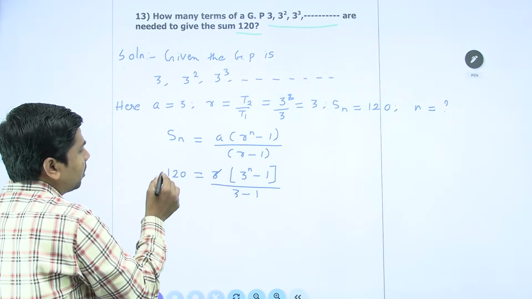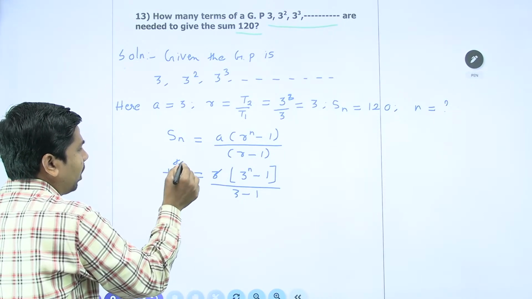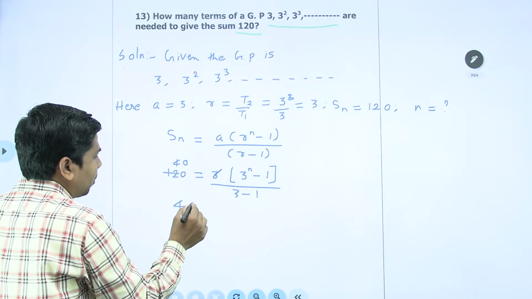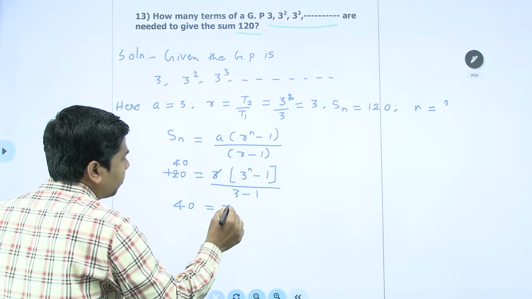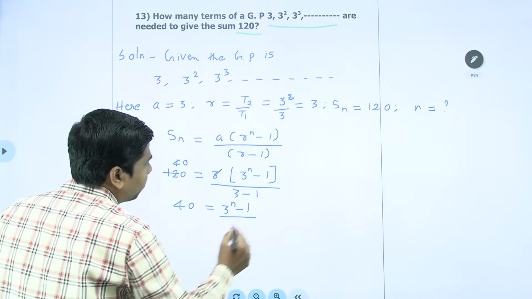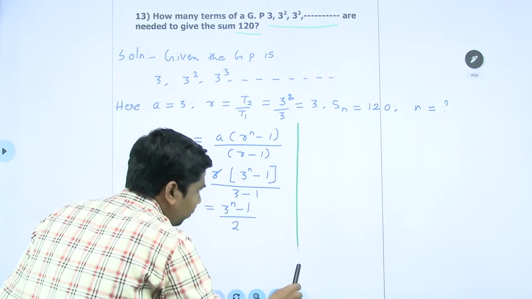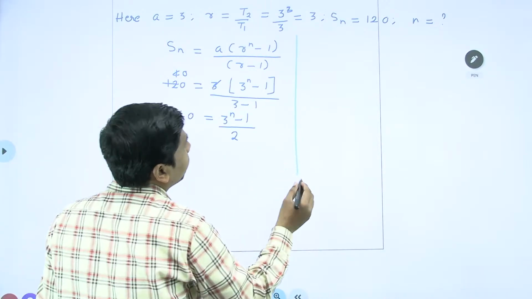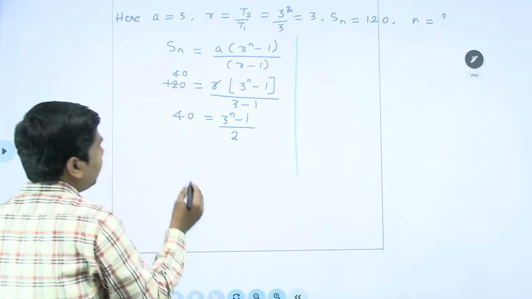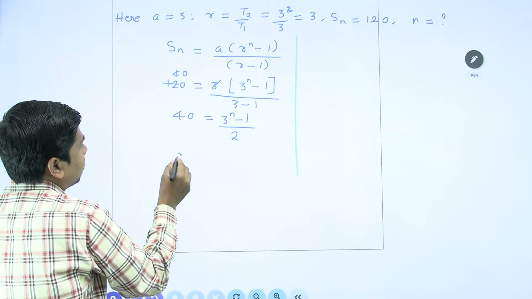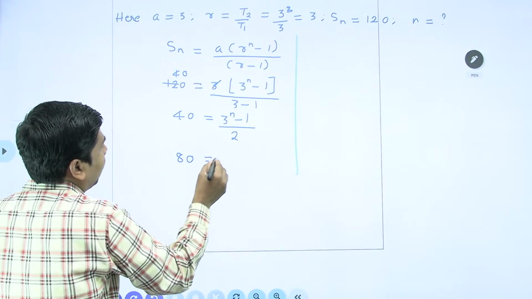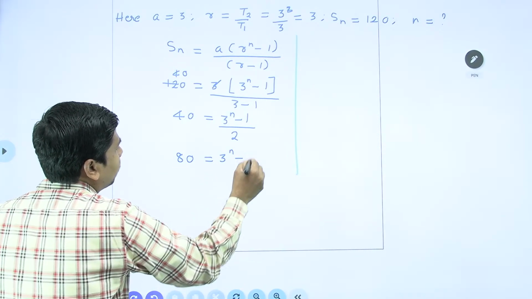3 ones are 3, 3 fours are 12, so 40 equal to 3 raised to n minus 1 by 3 minus 1, which is 2. 40 into 2 is 80, so 80 equal to 3 raised to n minus 1.